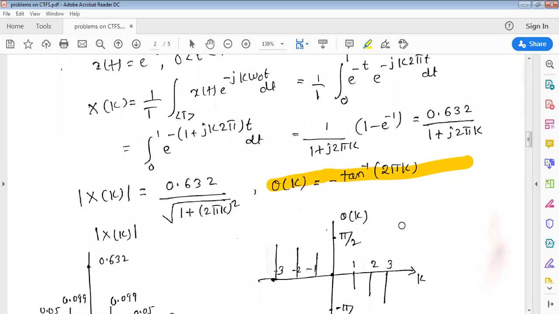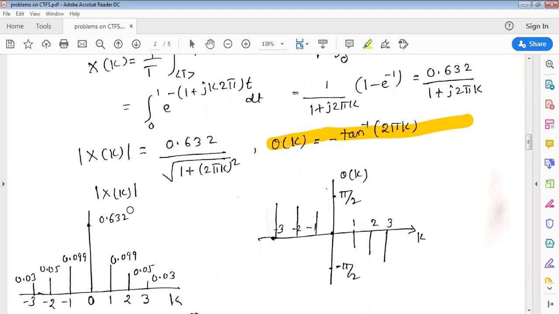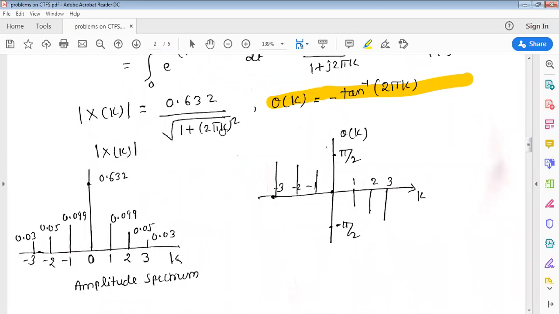Once you do this, now I'll plot the magnitude plot. Give k equal to 0, it will become 0.632 by 1. When k equal to 1, calculate the value, it is 0.099. When k equal to 2, you give the value. Different values of k are given, 1, 2, 3, at least 4, 5 values you show.